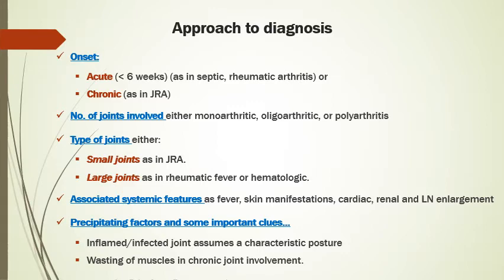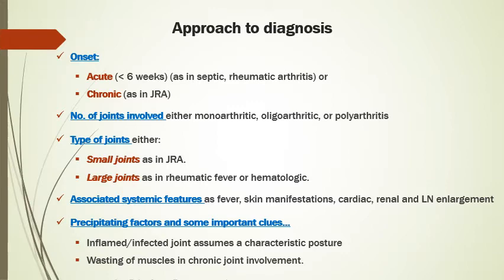And also I must define the number of joints involved, either monoarthritis, which means only one joint is affected, oligoarthritis, 2, 3, up to 4 joints are affected, polyarthritis, 5 or more joints are affected. And also the type of joints must be defined: small joints or large joints.